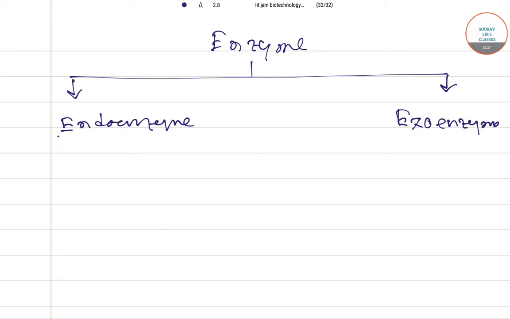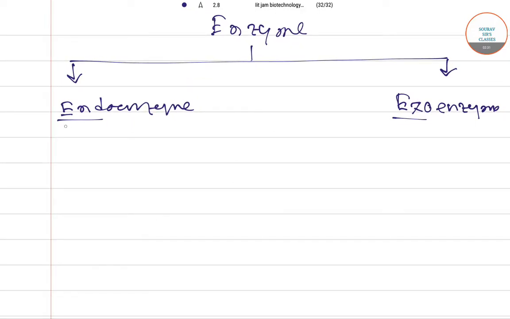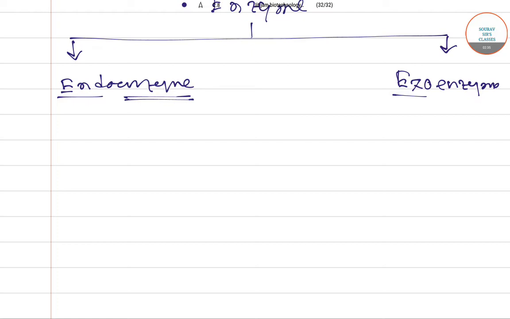From the terms endo and exo, we can say that the endoenzyme acts within the cell.